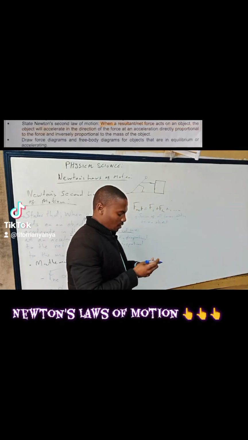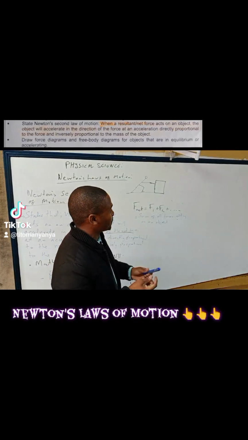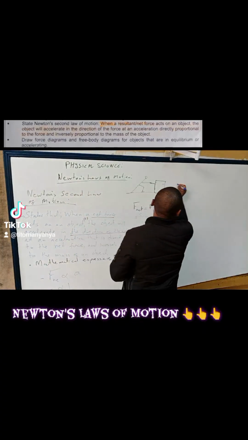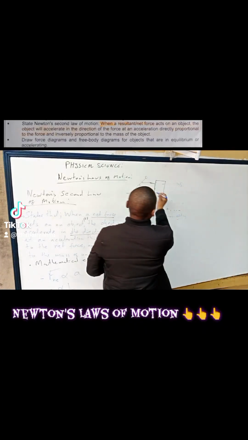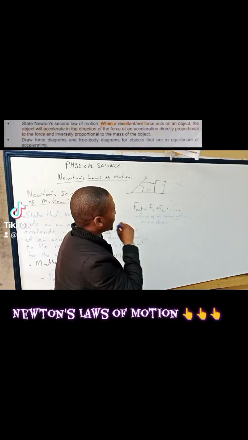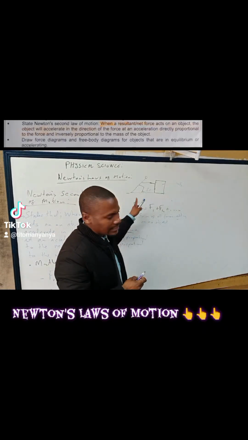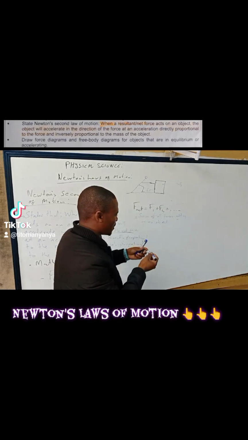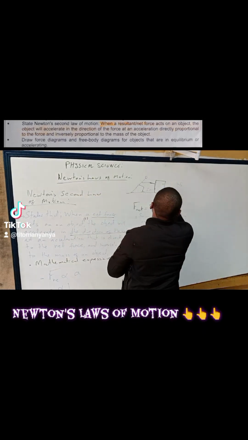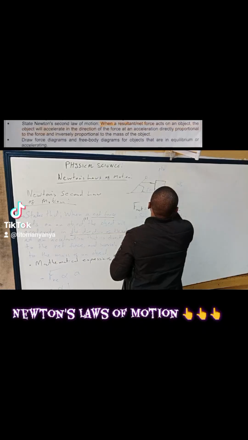Okay? So, why am I making this? Because look at this first diagram here. This guy is applying this force in this direction. Let's say the surface is rough. Therefore, the friction will be in the opposite direction. According to this scenario, there is a normal force and a force of gravity.